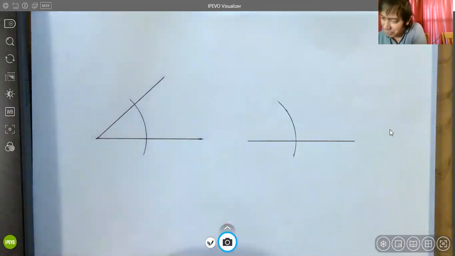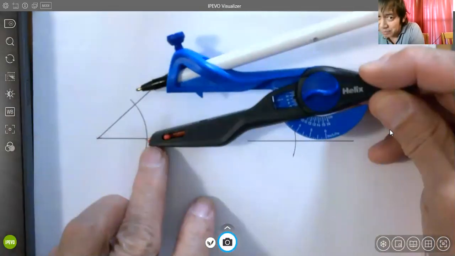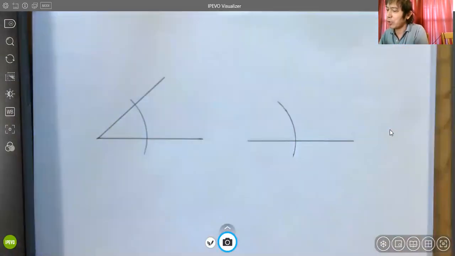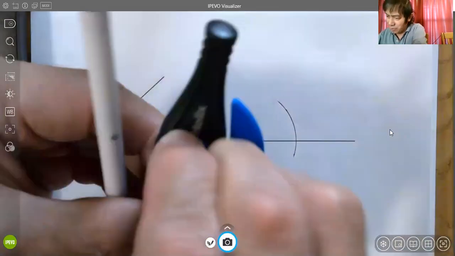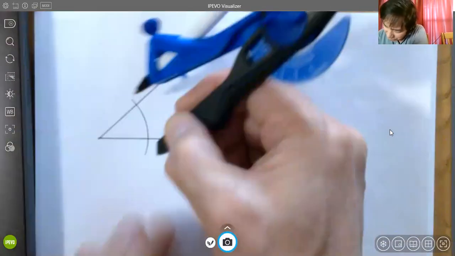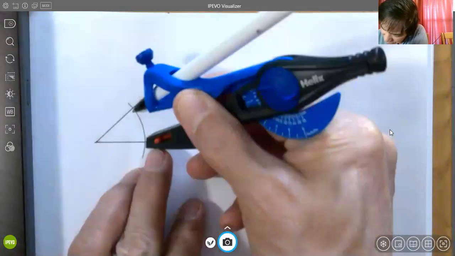Okay, now we're going to adjust the radius of our compass in such a way that the intersection of the arc with the angle will be our distance. Okay, so we're going to adjust this so that the radius is of this length there.